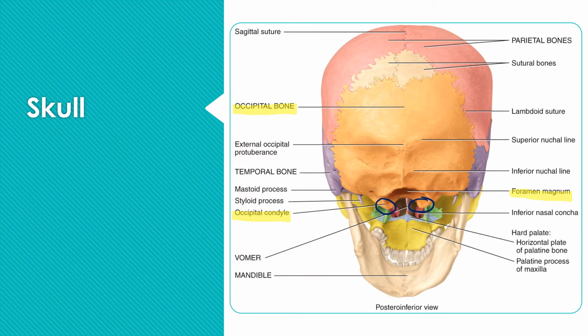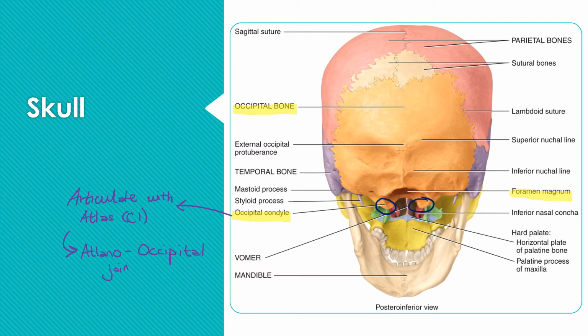So the occipital condyles articulate with the atlas, which is the first cervical vertebrae, so C1. And together, these occipital condyles and the atlas form the atlanto-occipital joint.